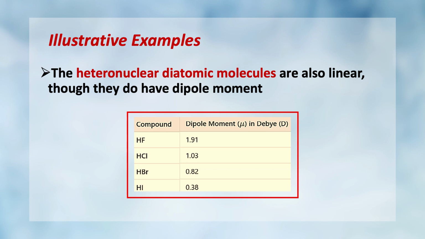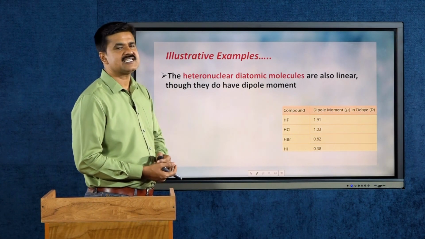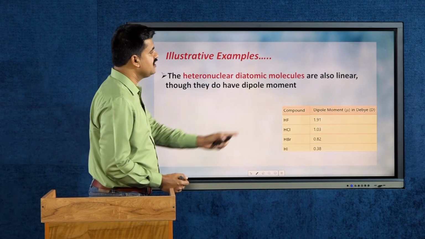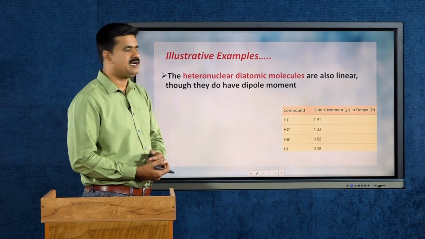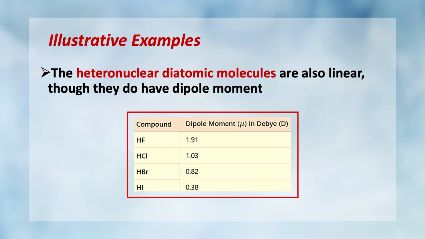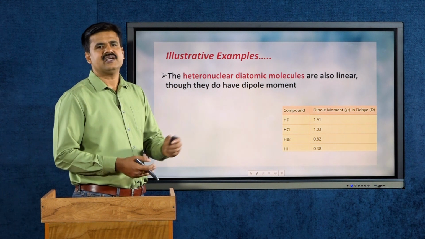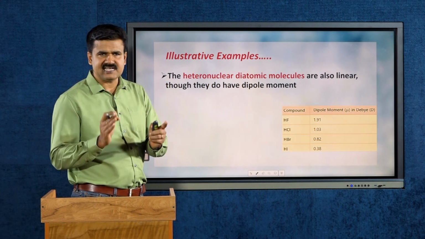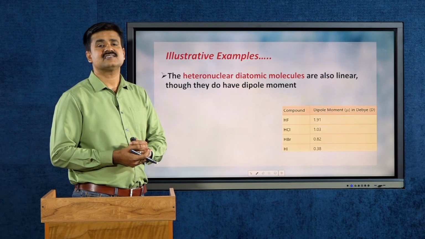The first column represents compounds like HF, HCl, HBr and HI, and HF is associated with the highest value of the dipole moment, that is equal to 1.91 D. Next to that HCl, which has a dipole moment of 1.03 D. HBr is associated with a dipole moment of 0.82 D, and HI is the hydrogen halide with the least dipole moment of 0.38 D. So, heteronuclear diatomic molecules are linear and all are associated with some dipole moment.